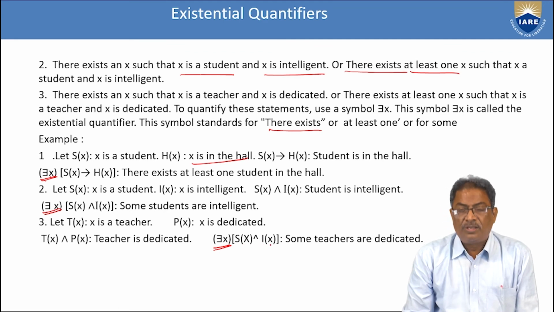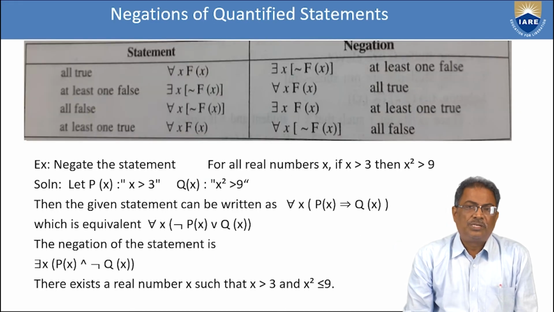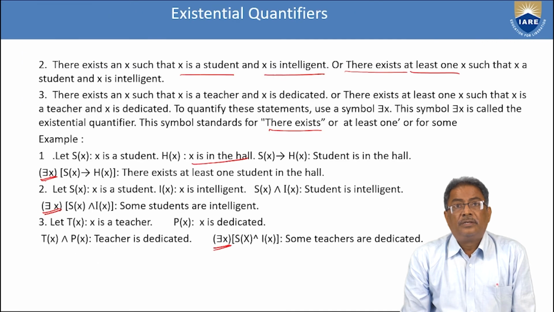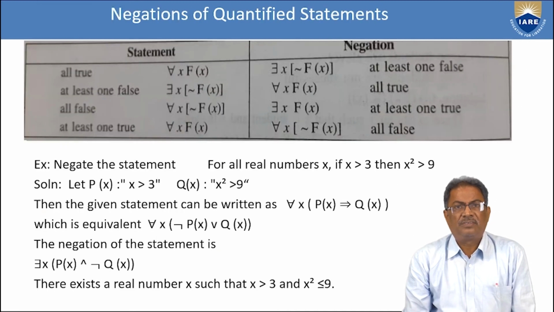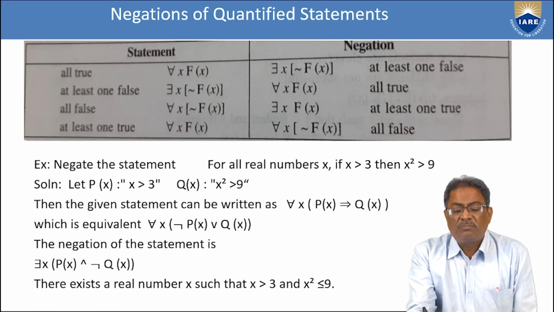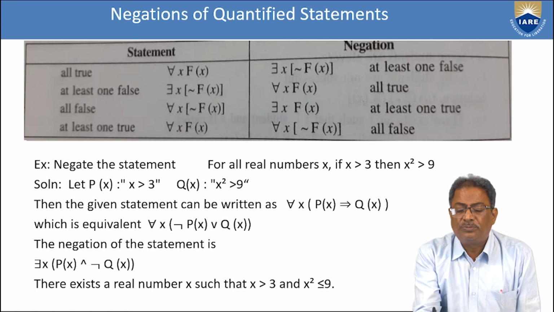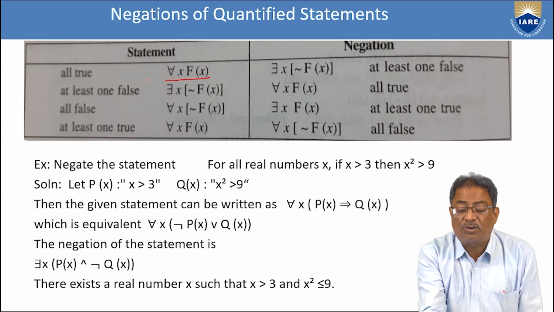In that way, we can use existential quantifiers and universal quantifiers. Now another one: a for-all statement being true, versus at least one being false. This is all true.